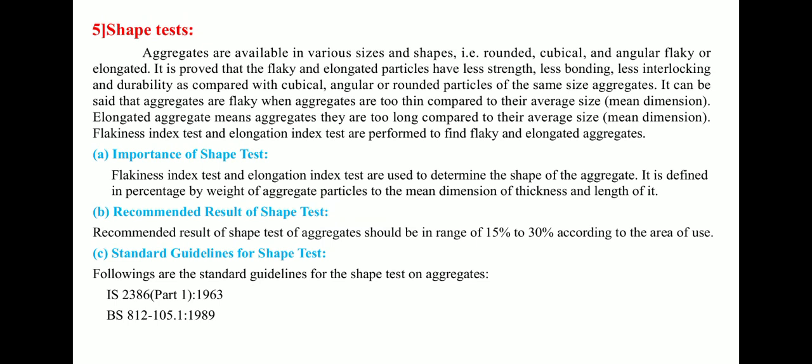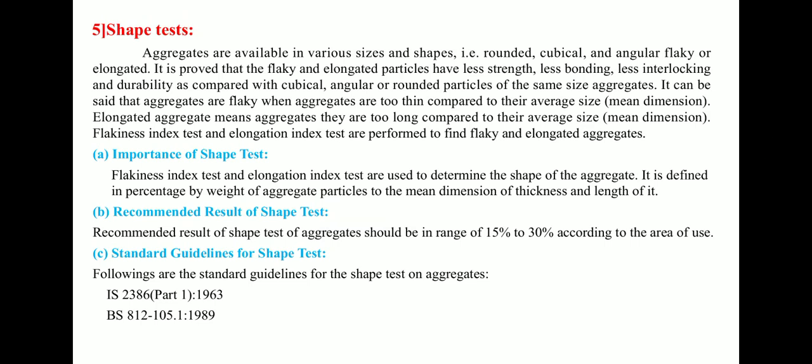Aggregates are flaky when they are too thin compared to their average size. Elongated aggregates are too long compared to their average size. Flakiness index test and elongation index test are performed to find the flaky and elongated aggregates.